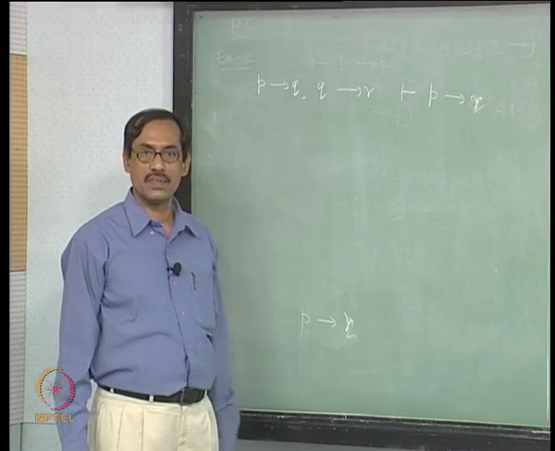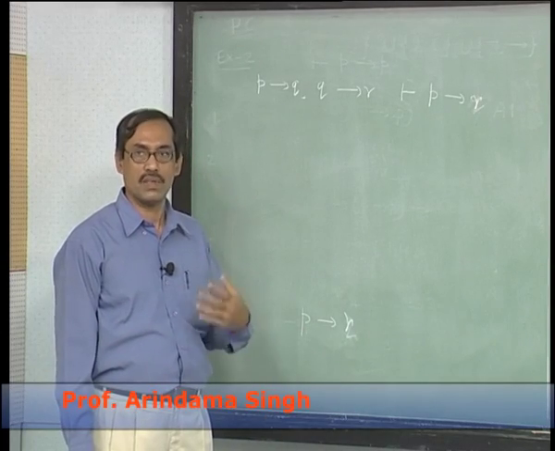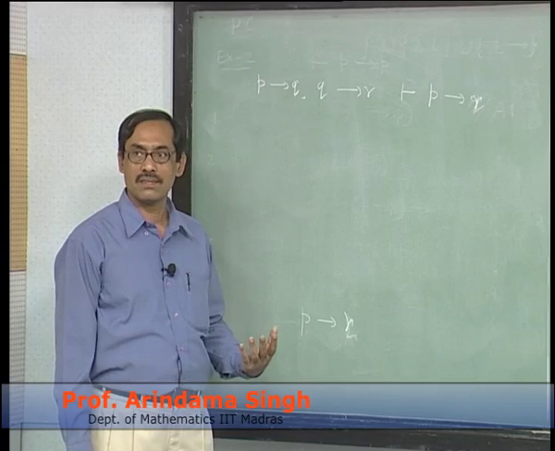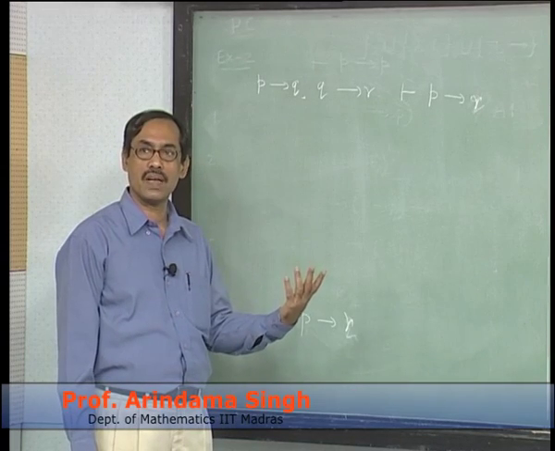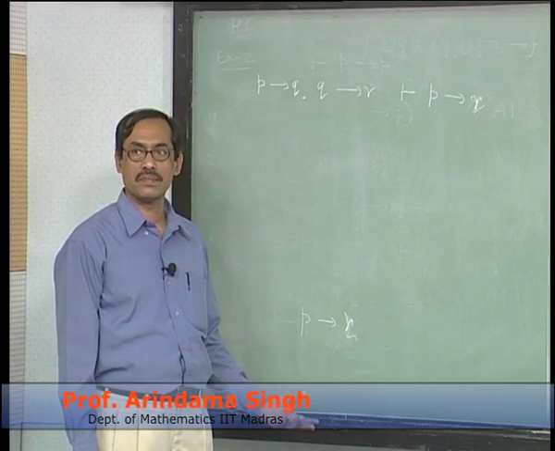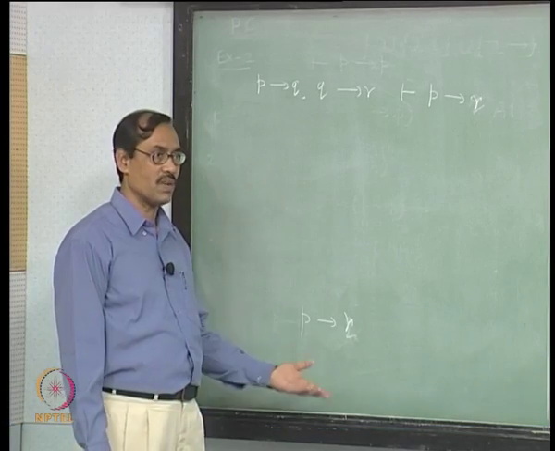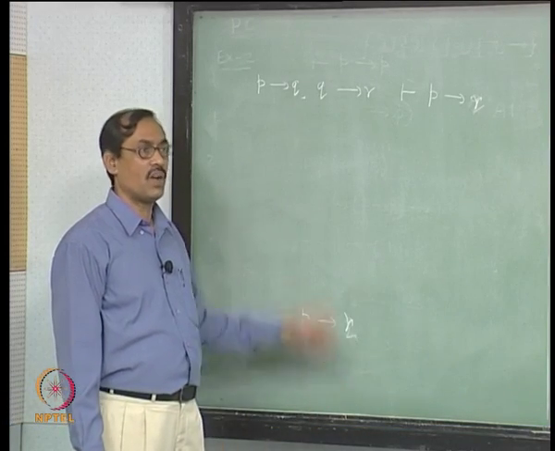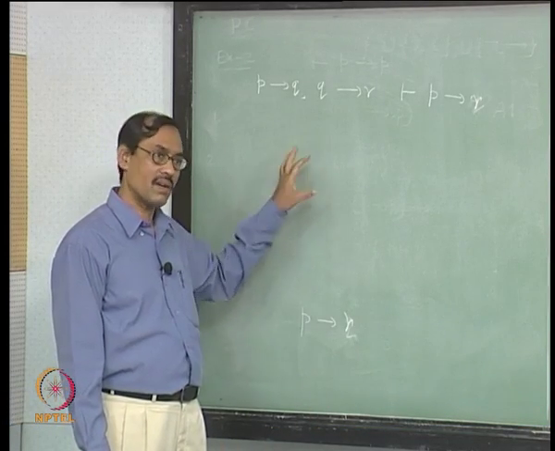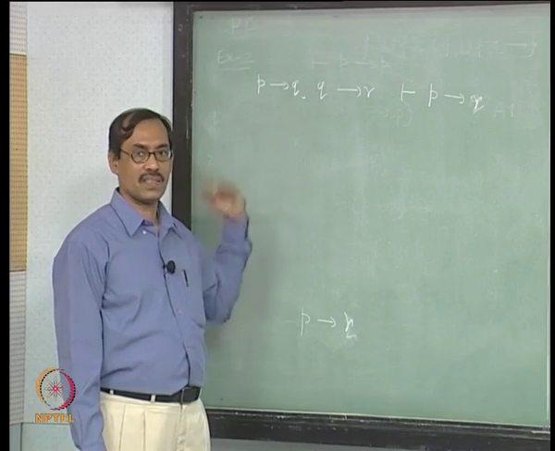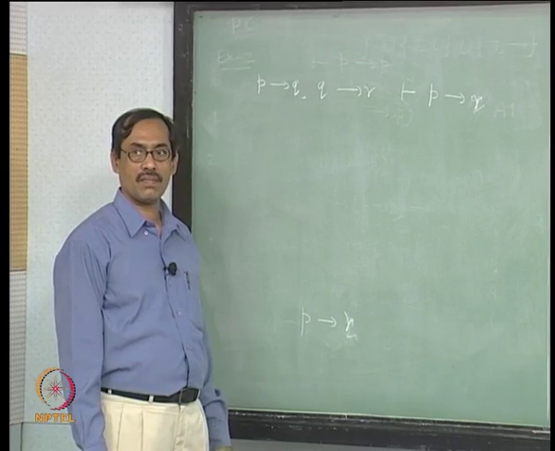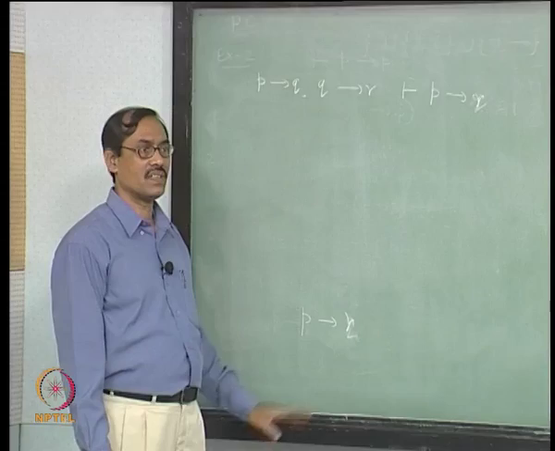Just like in proofs you have the axioms, you do not have to use all the axioms, only one you can use and prove P implies P, that is fine. Similarly, here you do not have to use all the premises, but all that can be used are from sigma or axioms, that is what derivation says.